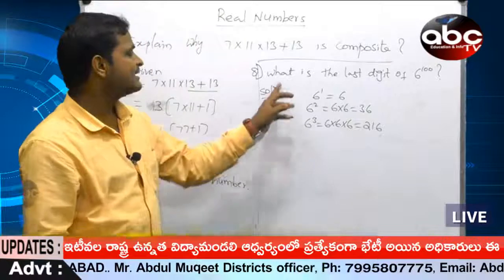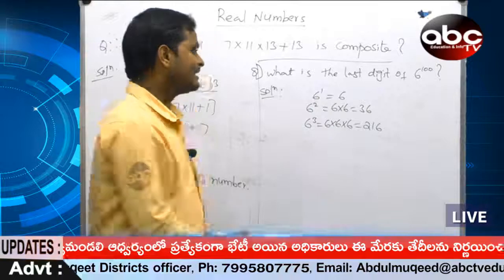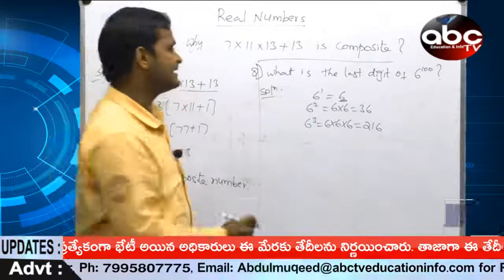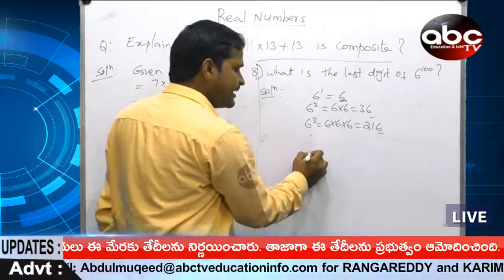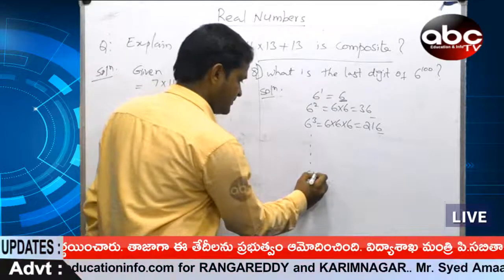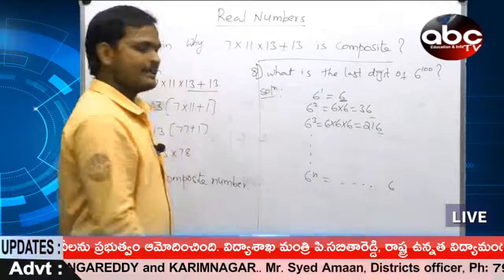Observe, students, here: what is the last digit of 6 power 100? The last digit is nothing but the unit digit. Here 6, here also 6, here also 6. Therefore, 6 power n, we get last digit 6.